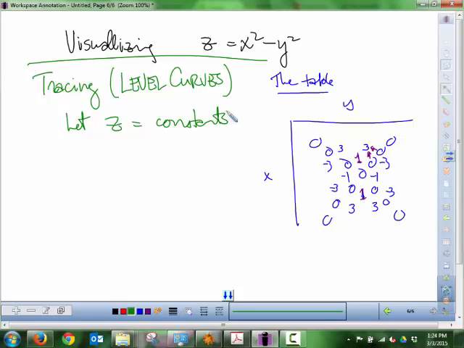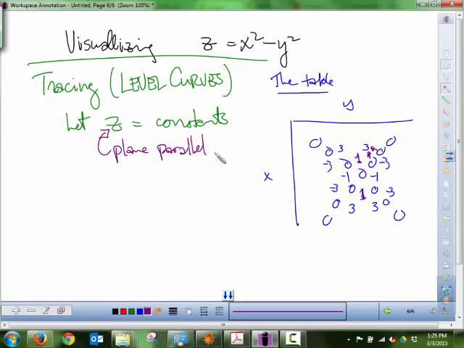You use a cutting plane to cut the surface, and then the resulting intersection is going to be your level curve. A z is equal to something plane, yes. So when I say z equal to a constant, what you're getting here geometrically is that this is a plane parallel to the xy plane.